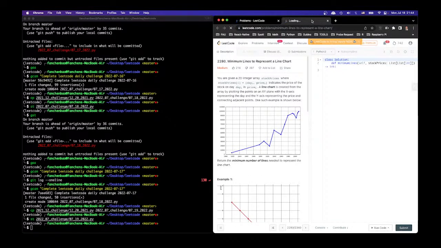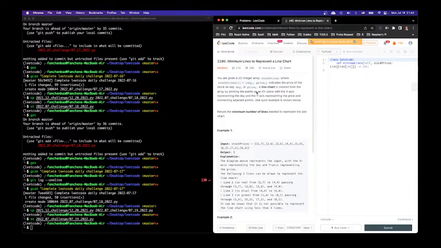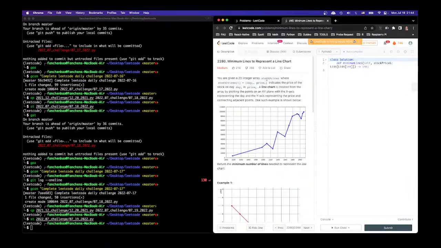Minimum lines to represent a line chart. Oh, I just refreshed it. We're given a 2D integer array, stock prices, where stock prices i equals day i and price i. Okay, it indicates the price of the stock on day i is price i.